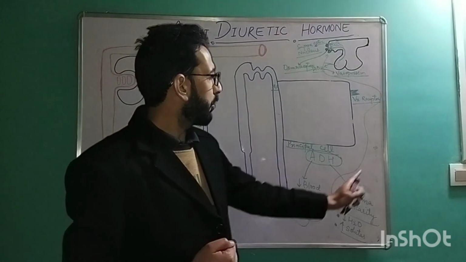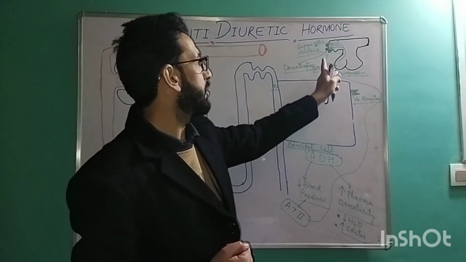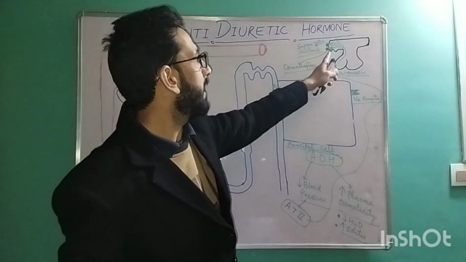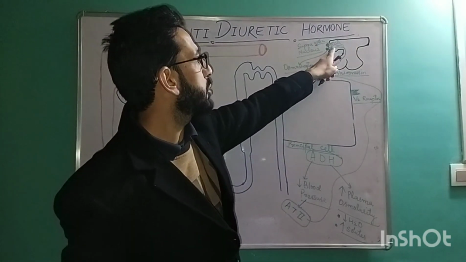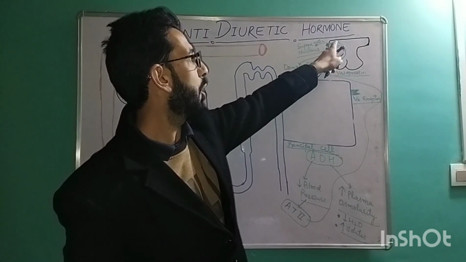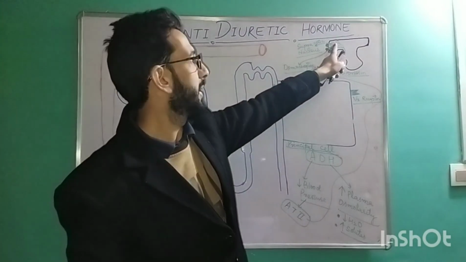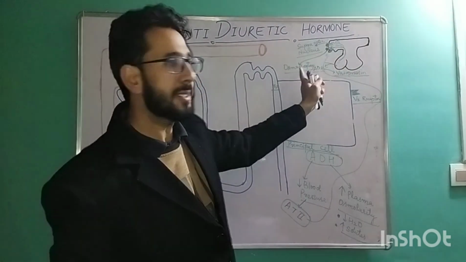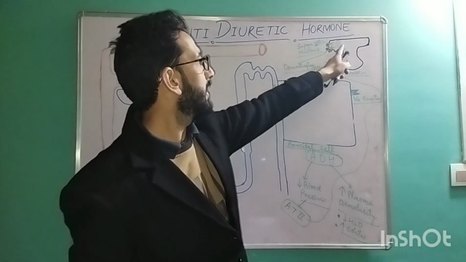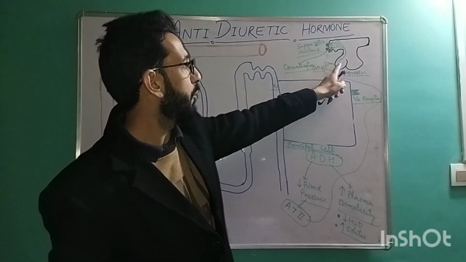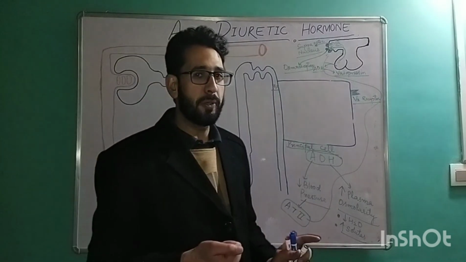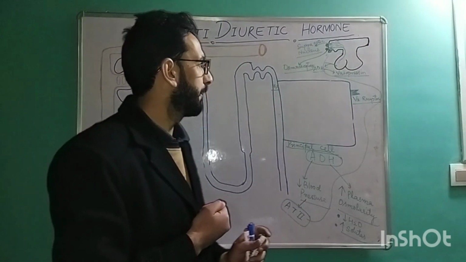Angiotensin 2 carries the information to the hypothalamus that there is decreased blood pressure, and this receptor also stimulates the supraoptic nucleus. Once the supraoptic nucleus is stimulated by the osmoreceptors and by the angiotensin 2 receptor, it sends the action potential down and leads to the release of antidiuretic hormone, or vasopressin.